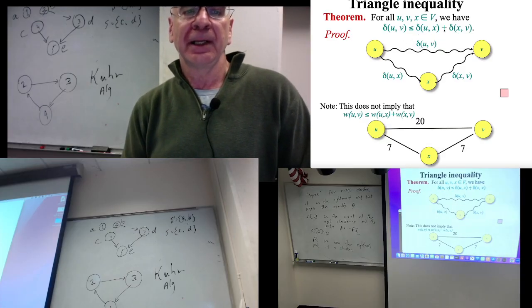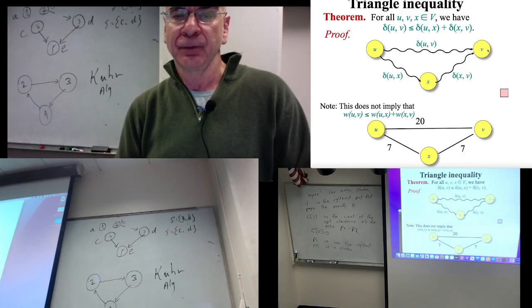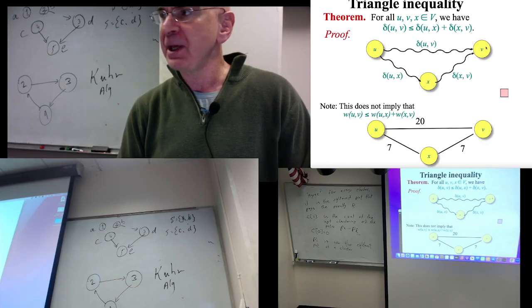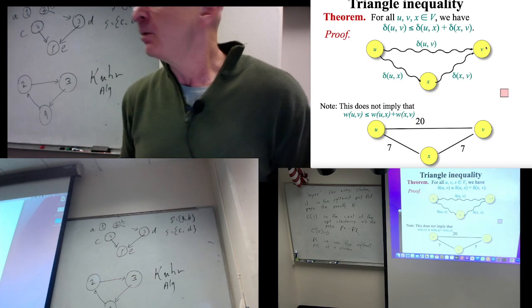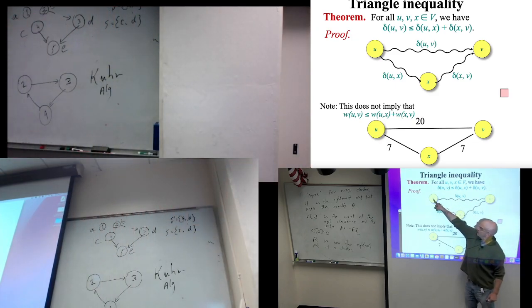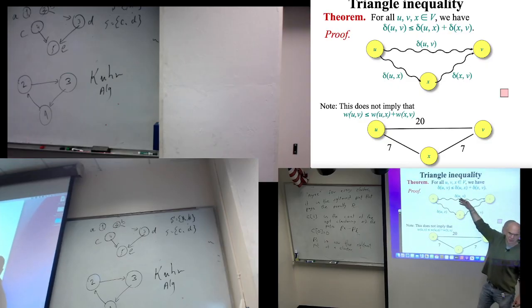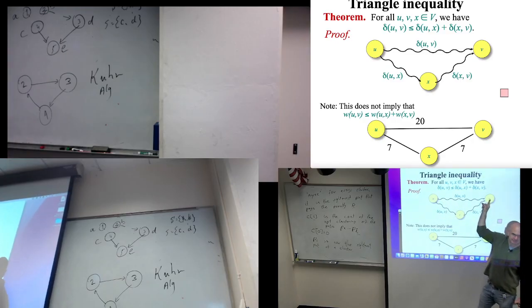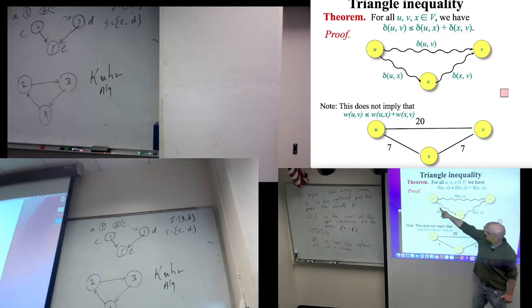So triangle inequality: delta from U to V is smaller or equal than the distance from U to X plus the distance from X to V. Why is this true? Because when I think about delta from U to V, I think about all the possible paths in the world, all the possible paths that start from U and end at V. What do I write over here?